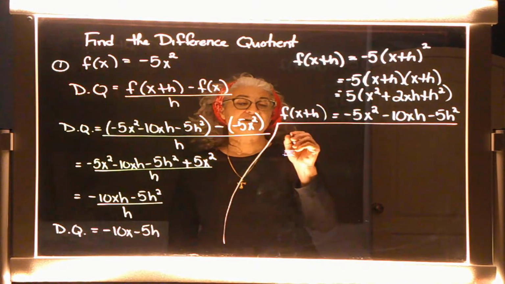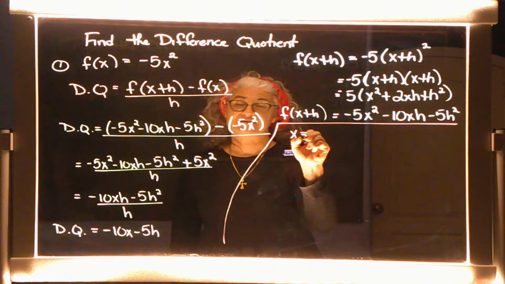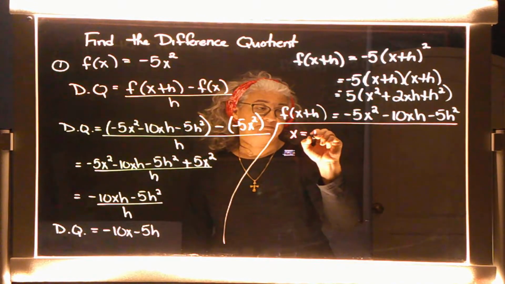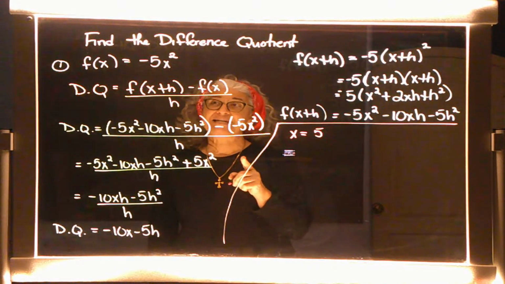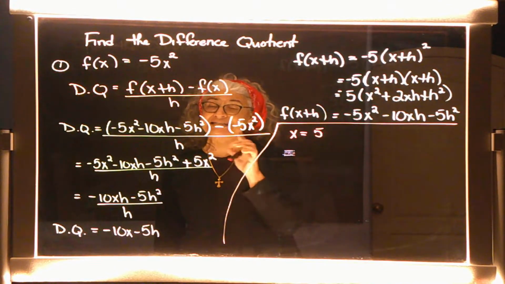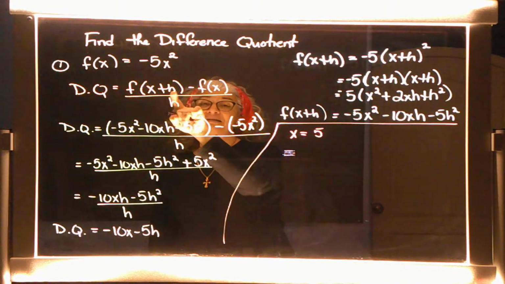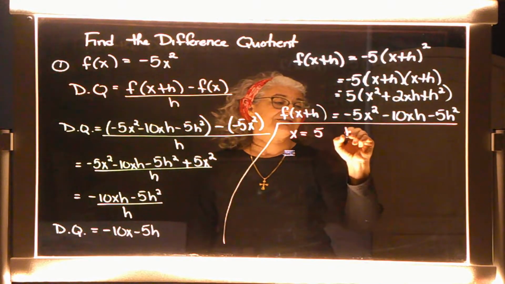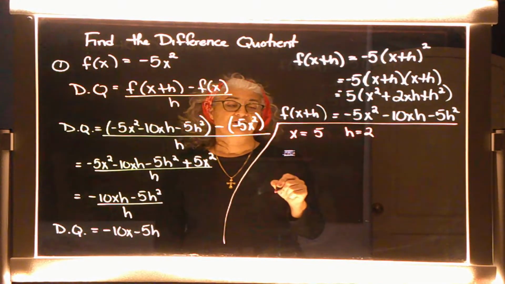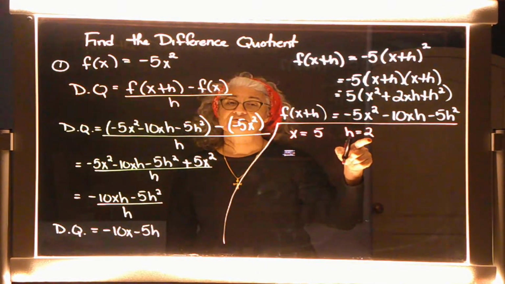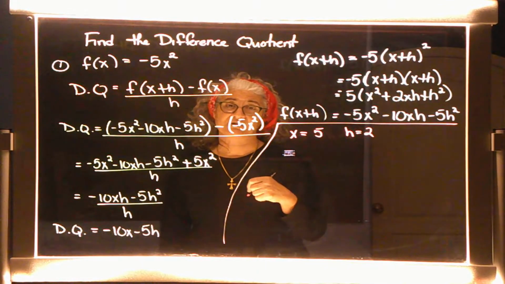So, if I knew one of the x's, let's just say the x was 5. h is the distance between that x and the next x. So let's just say h was 2. So I'm going from 5 and I'm going 2 spaces, okay, to get to the next x value.